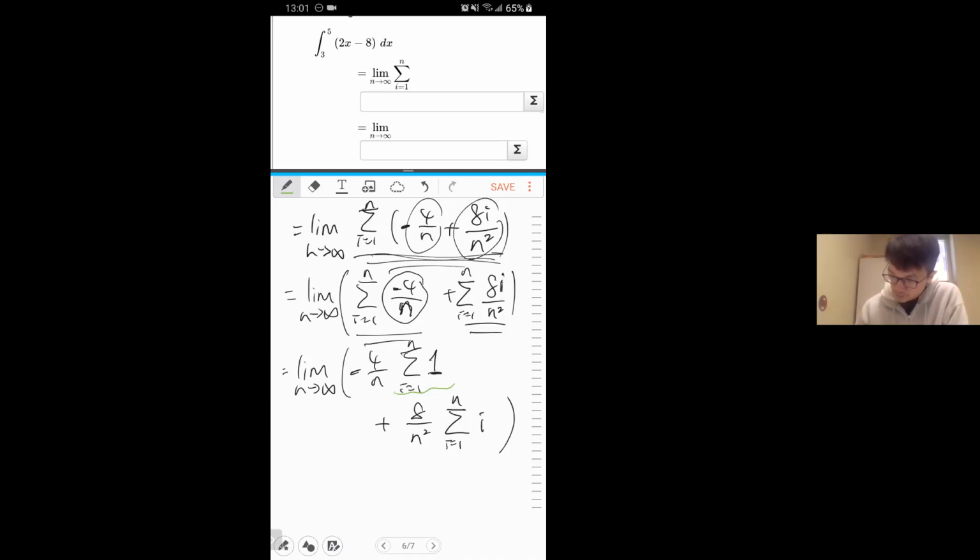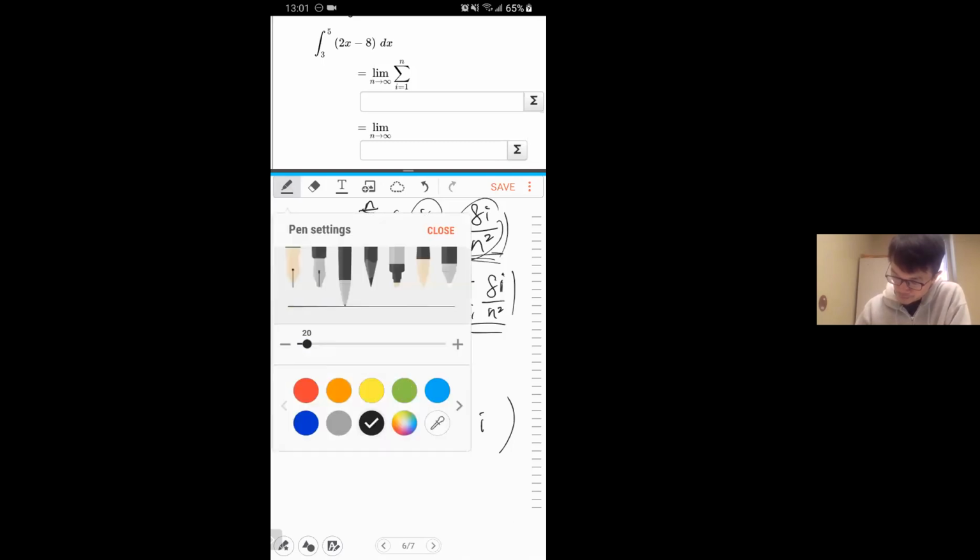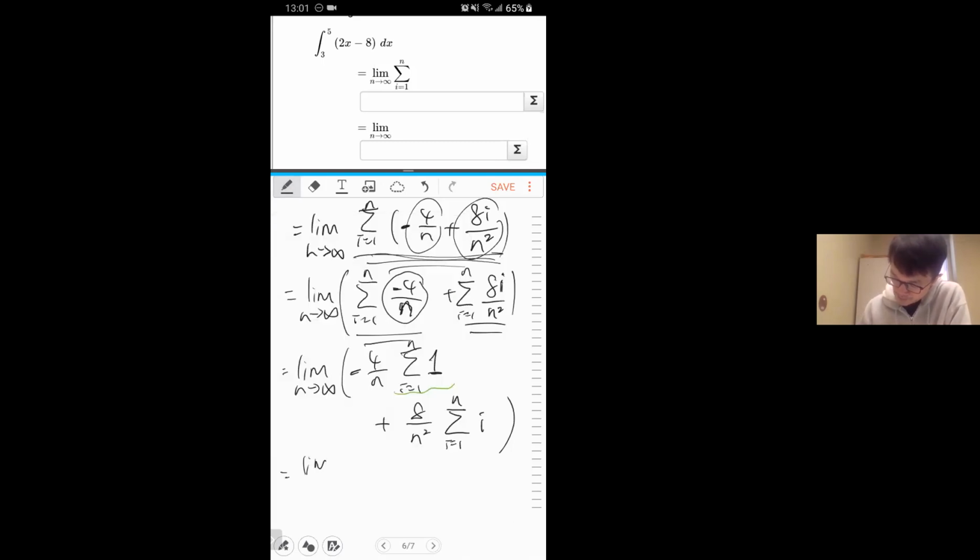Okay, now let's do the first sum. What is the sum of 1 when i goes from 1 to n? How many 1s do I have? I have n of them. So when i equals 1, I get 1. When i equals 2, I get 1. When i equals 3, I get 1. When i equals n, I get 1.